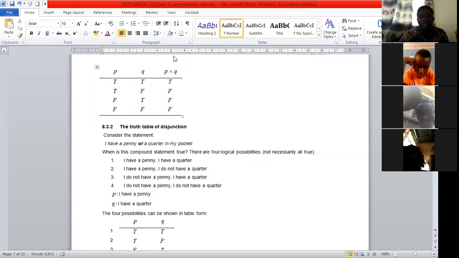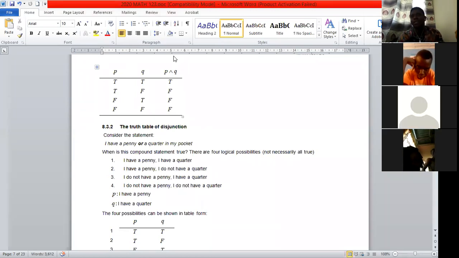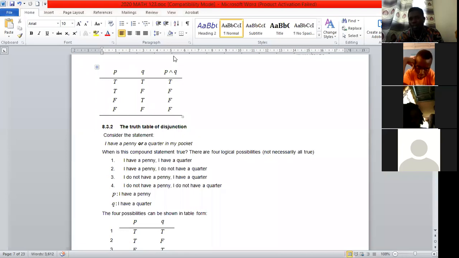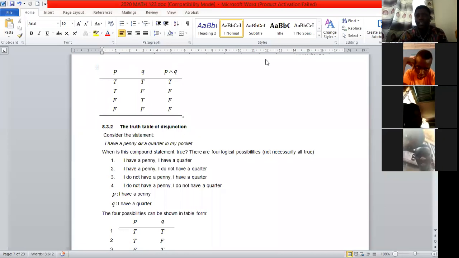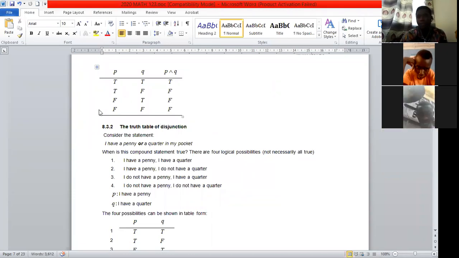That is when I have 3 statements, P, Q, and R. I hope you are listening. It's quite important for you. Say I have 3 statements, P, Q, and R. The table will increase to 8 rows and 3 columns. But when I only have 2 statements, P and Q, the possibility is 4.